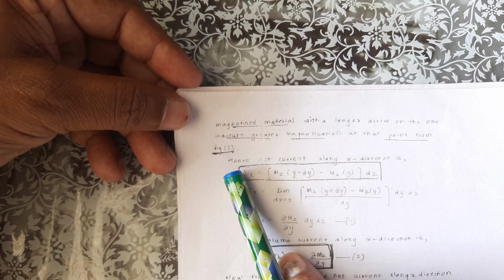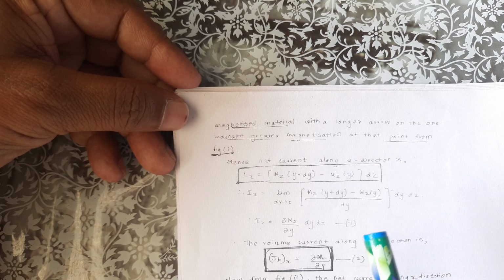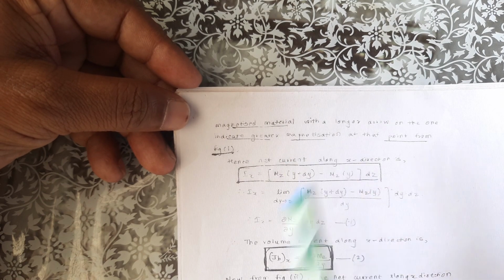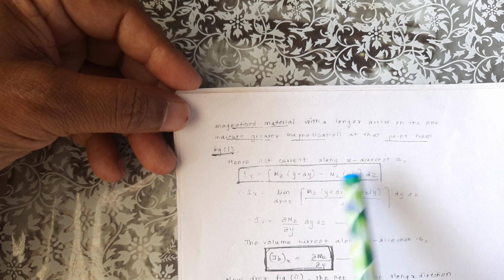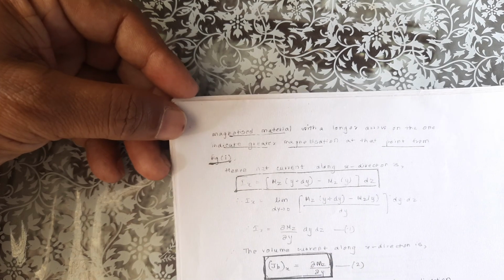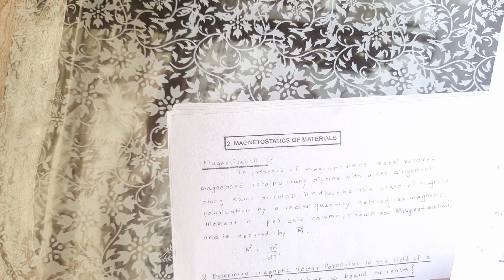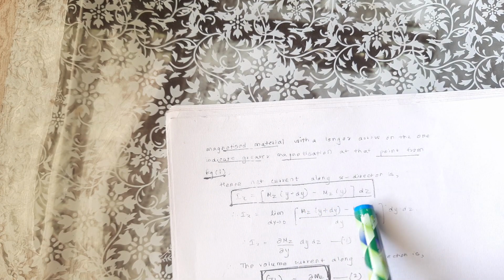Hence, if we find the net current along the x direction, it is given by Ix is equal to Mz at y plus delta y, minus Mz at y, into dz.